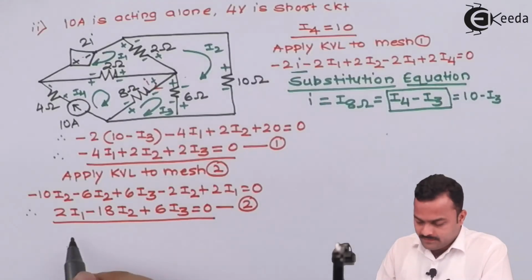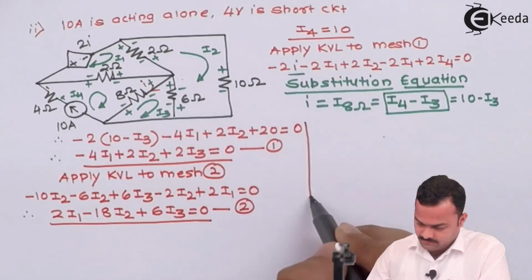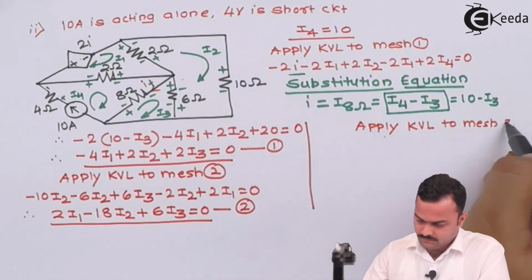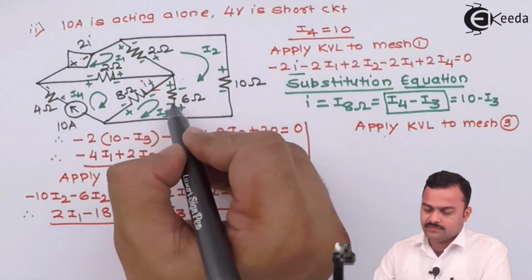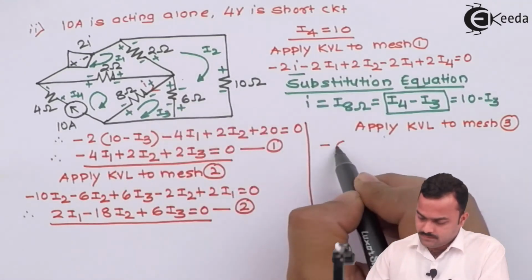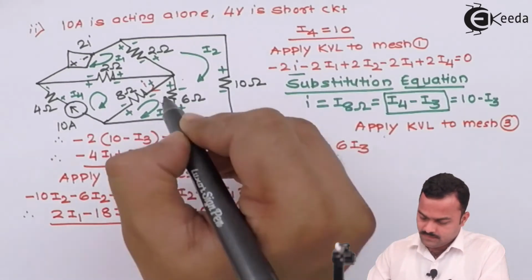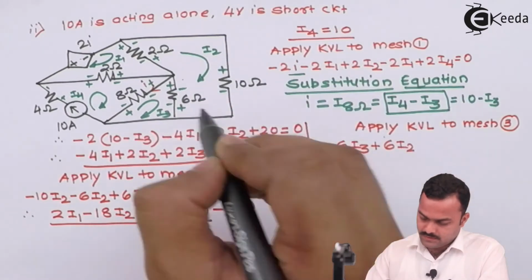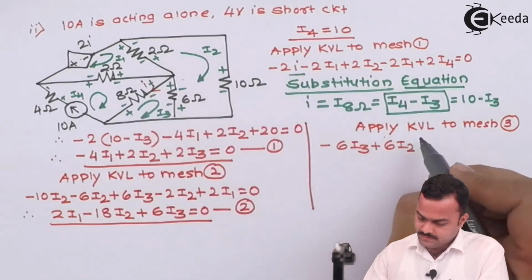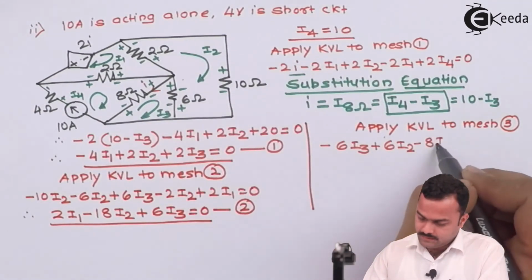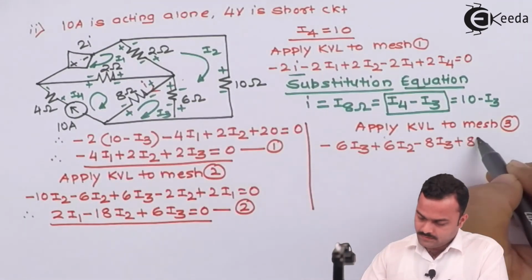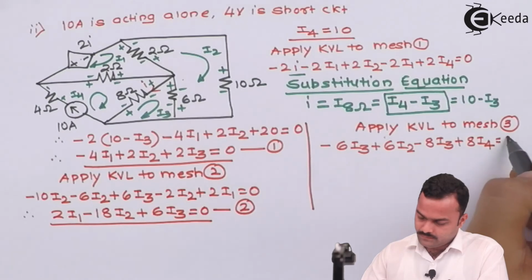Now let's apply KVL to mesh 3. Mesh 3 is this. Let's start from this resistor, which is 6 ohm. So minus 6I3 plus 6I2 minus 8I3 and minus 8I4 equal to 0.